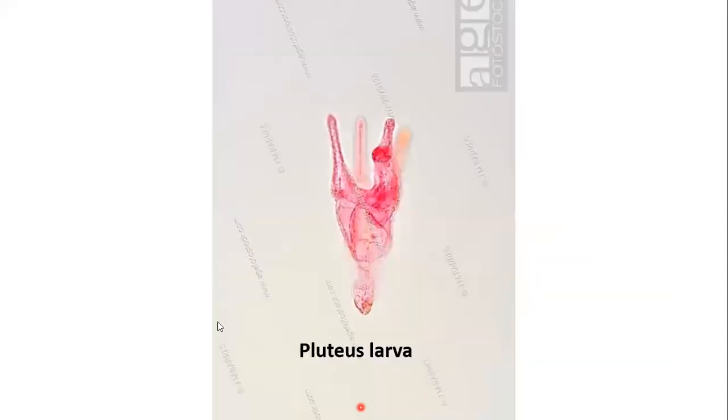So we can identify Pluteus larvae basically because of their elongated, anteriorly forwarded arms.